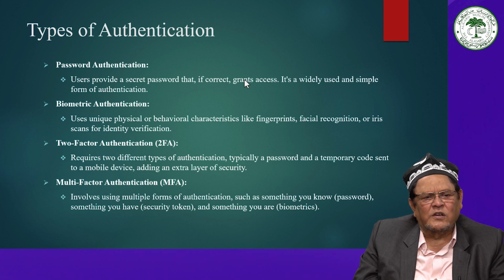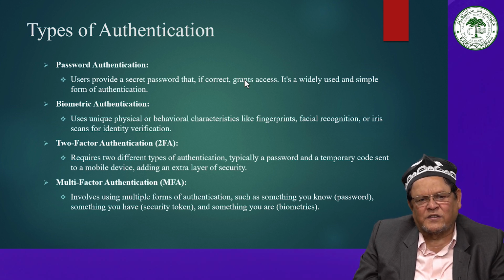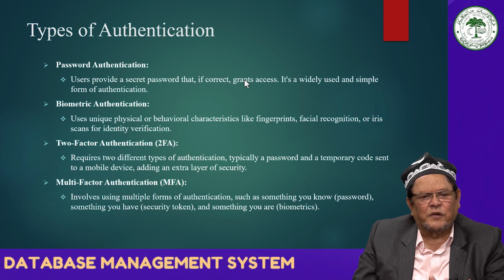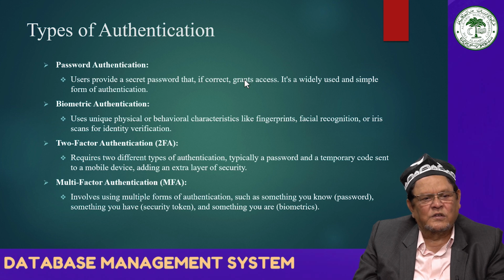Biometric authentication means using unique physical or behavioral characteristics like fingerprints and facial recognition. Two-factor authentication, or 2FA, requires two different types of authentication, typically a password and a temporary code sent to a mobile device, adding an extra layer of security.